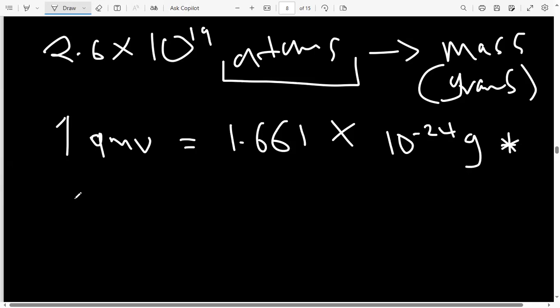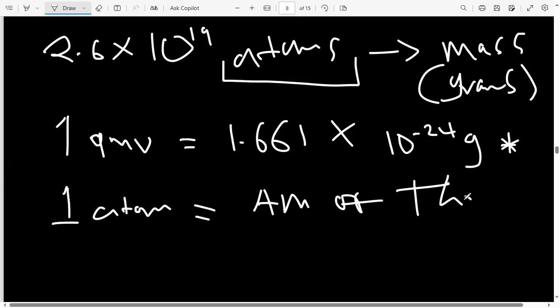And then the next one was that if I have one atom, this one atom is equal to the atomic mass of that very atom. So we know that these atomic masses are in AMU.